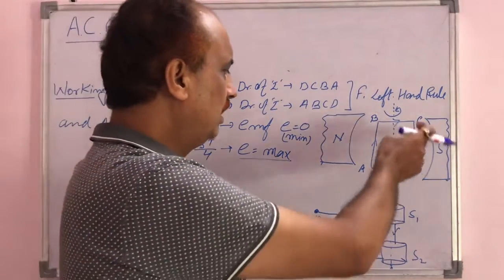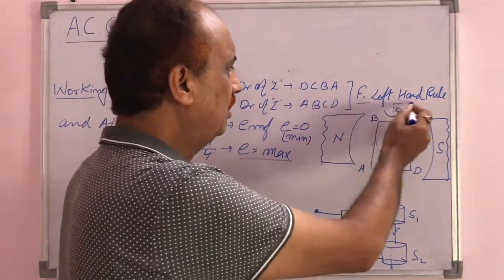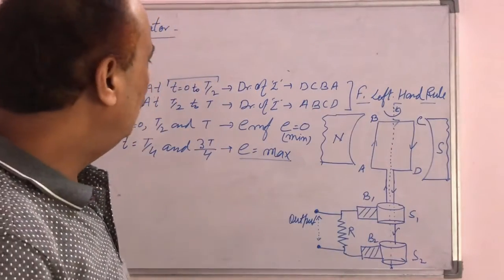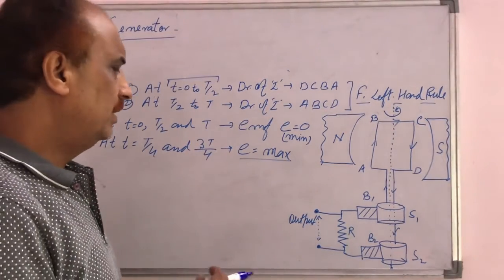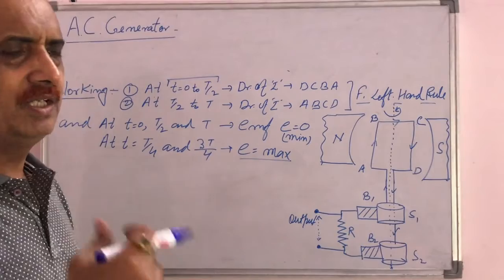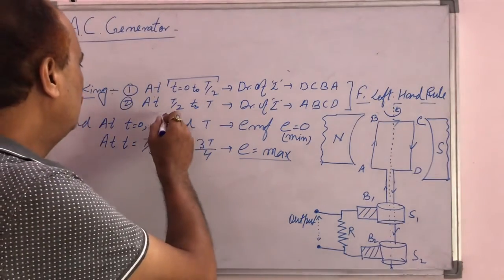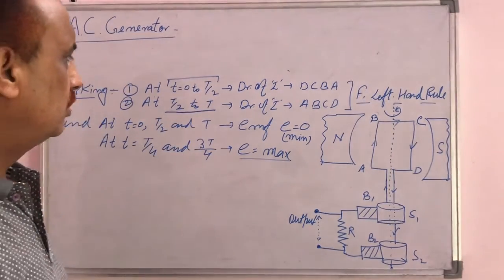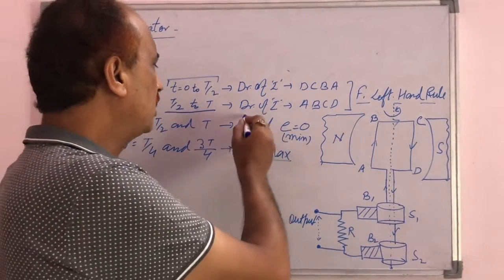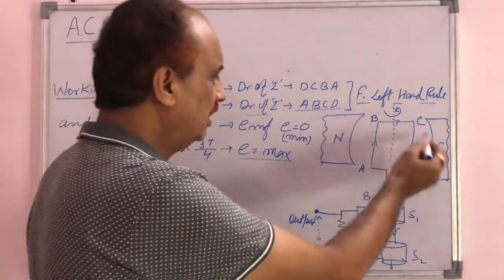flow in the rectangular coil in the direction of DCBA, according to Fleming's left hand rule. Similarly, in the next half rotation, when the AB arm moves up and CD moves down, the time is from T by 2 to T. In the next half rotation, the direction of the current will be ABCD, as shown in the diagram.